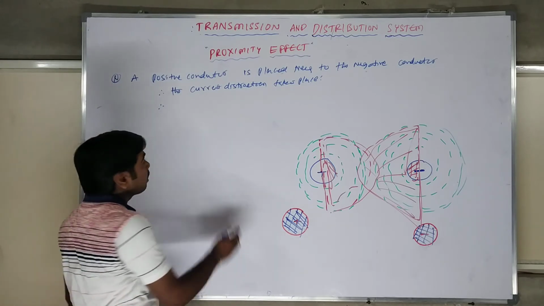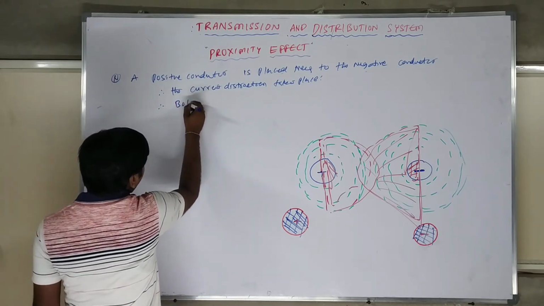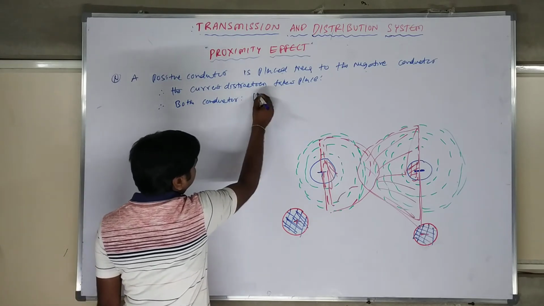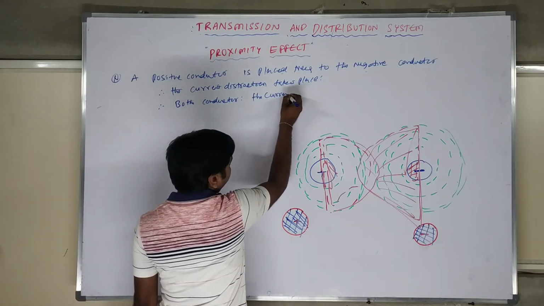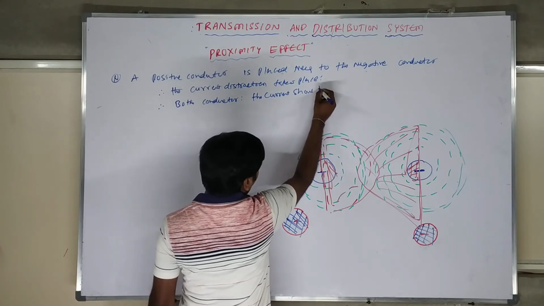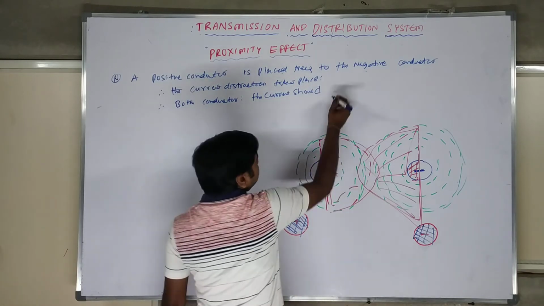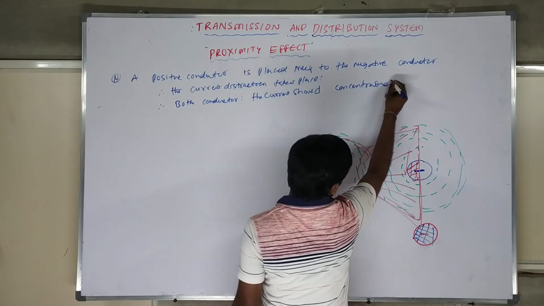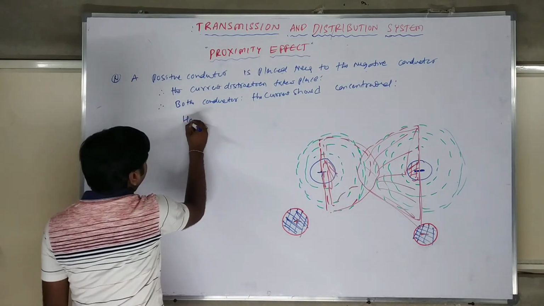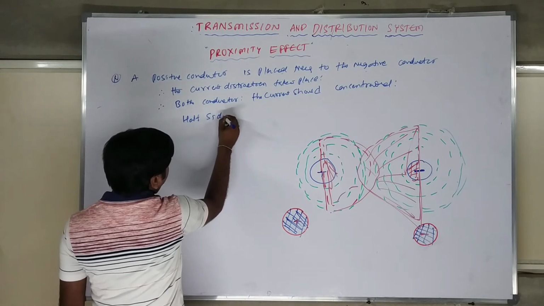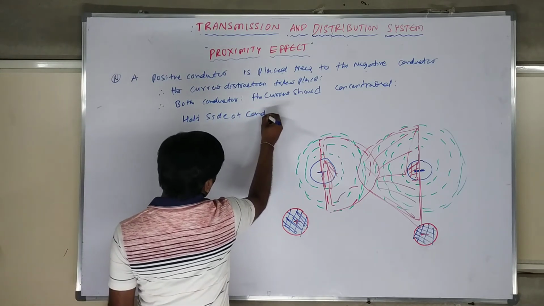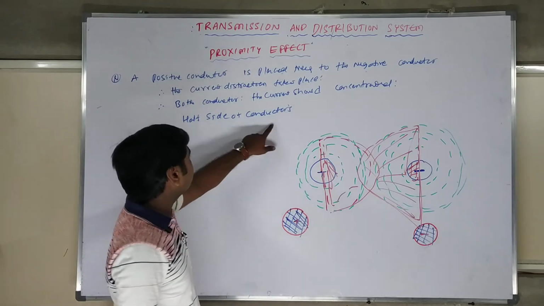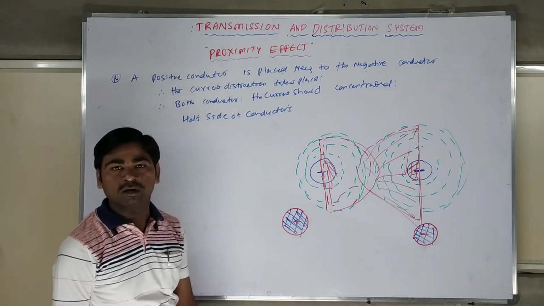Therefore, in both conductors, the current is concentrated on one side of the conductors. This effect is called the proximity effect.